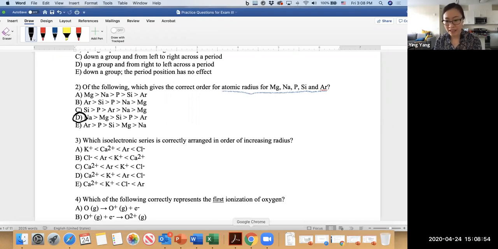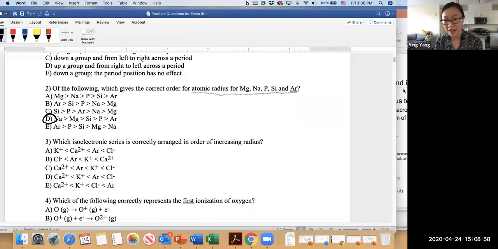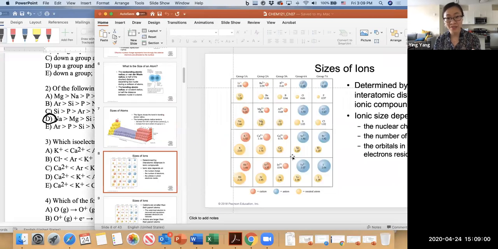Let me pull back to the slides. When you go to the size of ions, when you remove electrons, the size of the ion would decrease compared to the neutral atom. When you add electrons to form an anion, their size would increase.